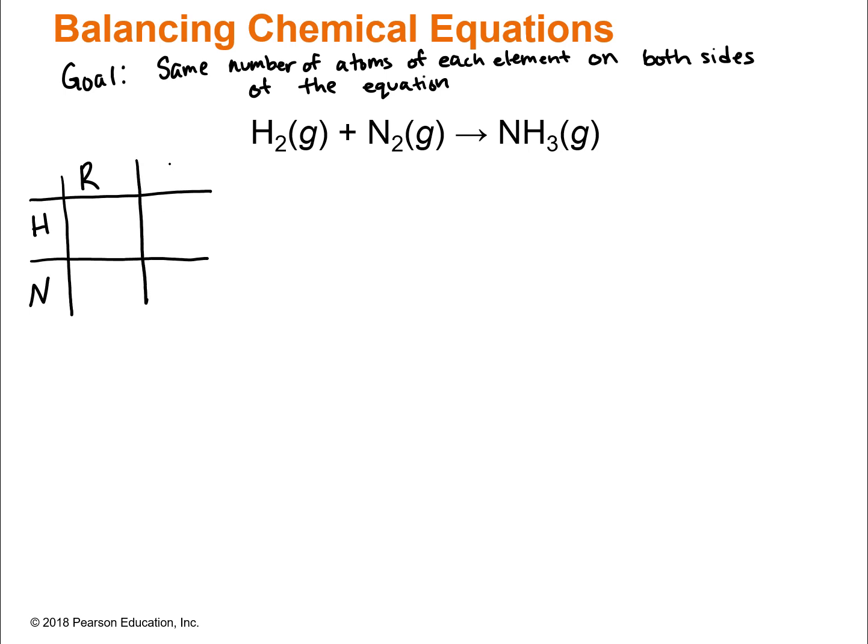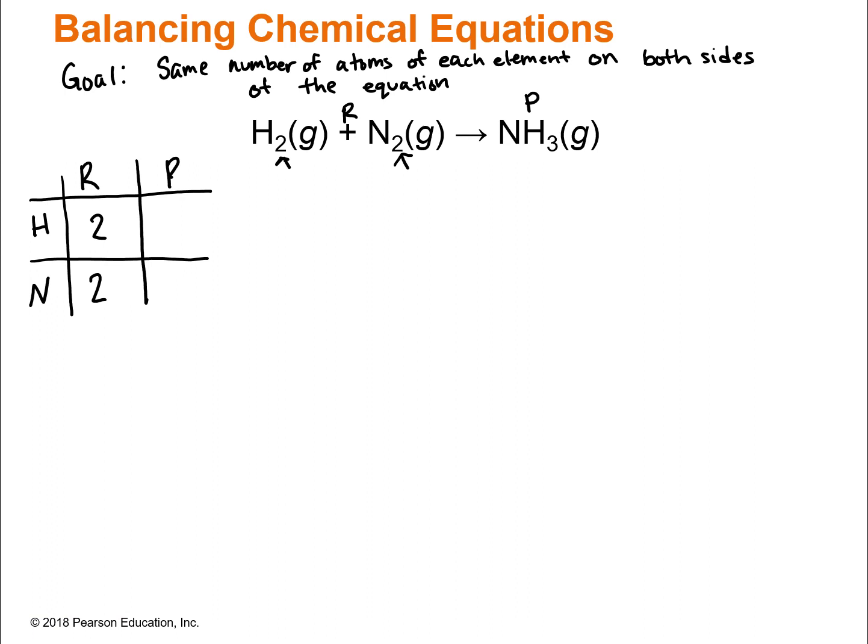I put an R for my reactant side, a P for my product side, and I count how many of each element I see. The subscripts here mean that I have two hydrogen atoms. Same thing for the nitrogen. I've got two.